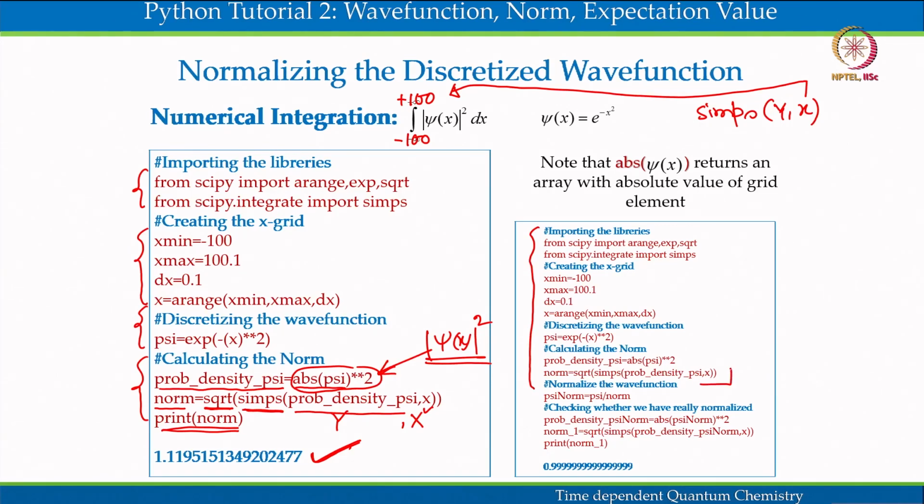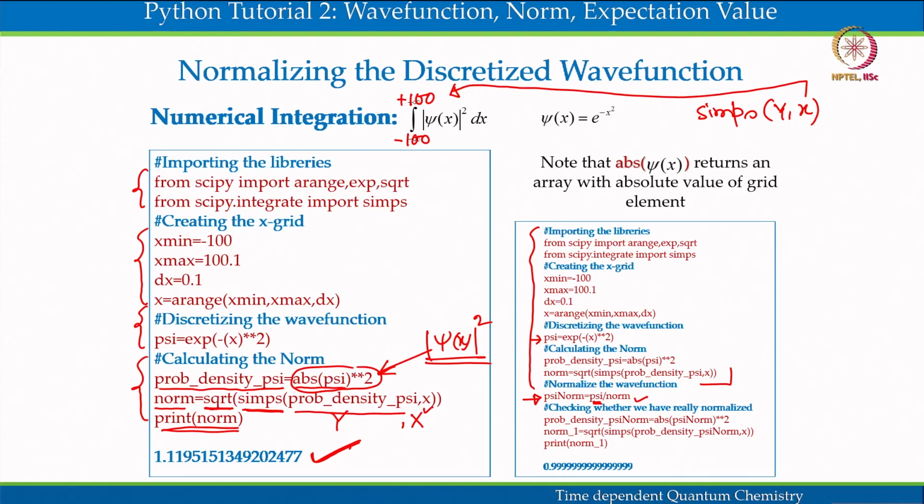Up to this far we have understood how to get the norm, and then we are giving a name, PSI norm, which is the normalized wave function, which is nothing but the earlier wave function PSI. This is the earlier wave function which was not normalized.